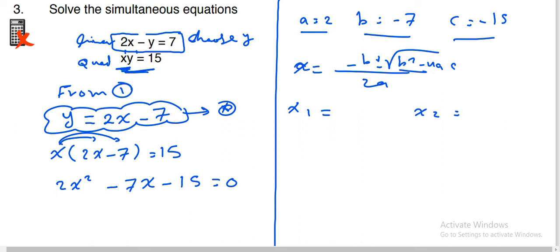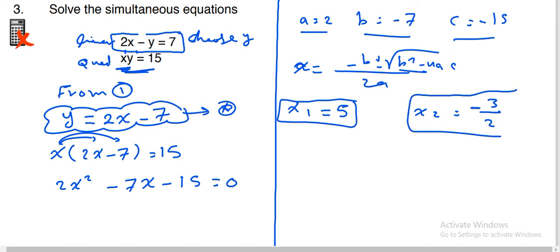We'll put the numbers on the calculator. The first number equals 5, the second one equals negative 3 over 2. The first value of x, the second value of x.